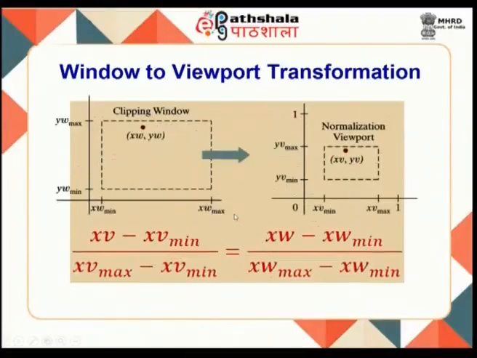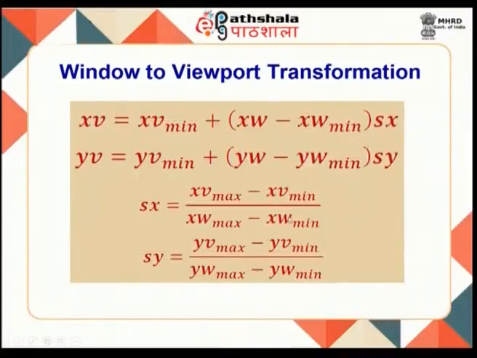If the viewport boundary is smaller than the window boundary, then the ratio XV max minus XV min by XW max minus XW min will be less than 1.